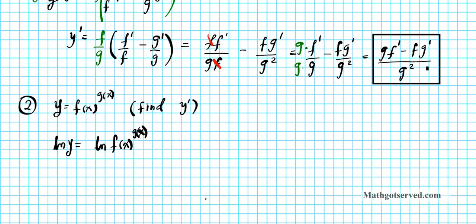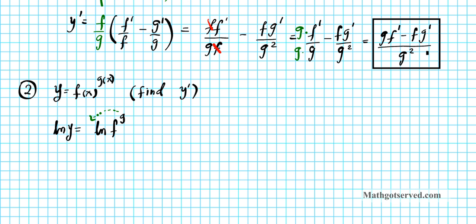Let me drop the x's so that it's easier to deal with. So ln of f to the g. Now, using the properties of logarithms, I can power down this exponent. So this equation becomes ln y equals g times the natural logarithm of f.